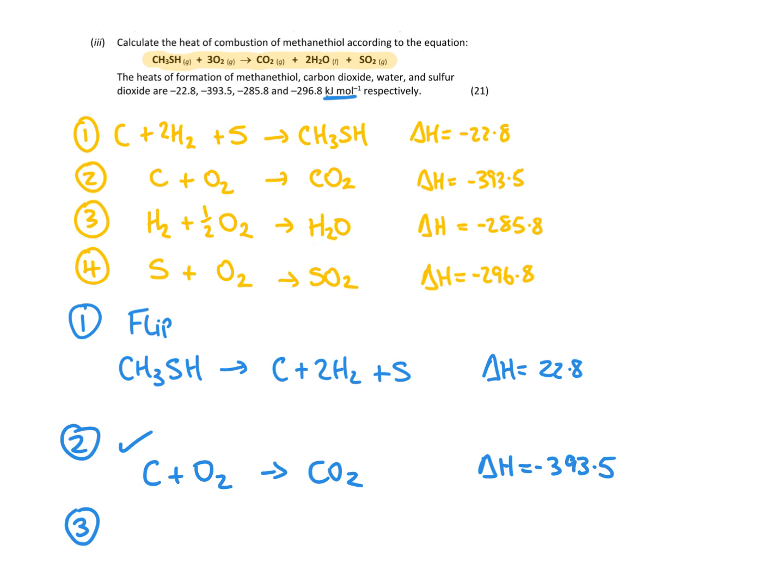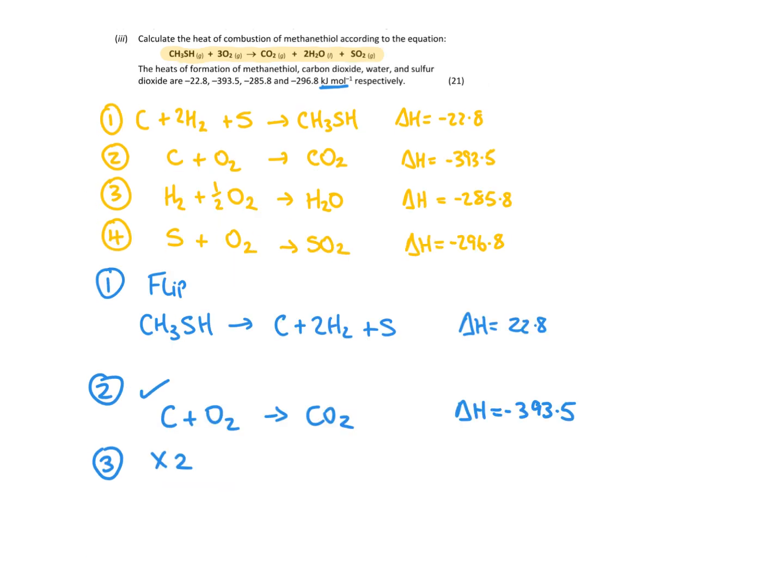So what I'm going to do with equation 3 is multiply everything in equation 3 by 2. So if I do that, what I get is 2H2 plus O2 gives me 2H2O. And if I multiply everything in my equation by 2, I must then also double my heat. So my heat value becomes minus 571.6.